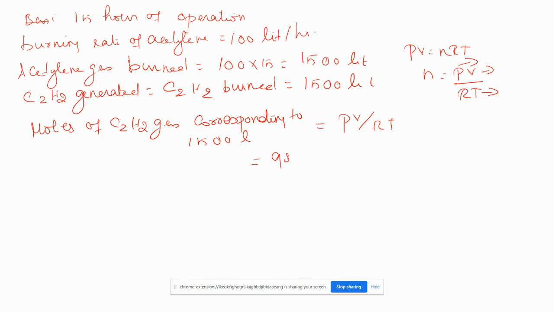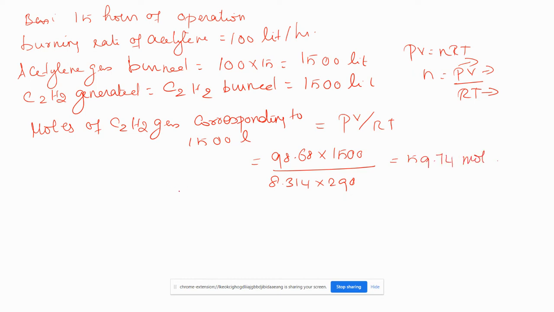Pressure is given as 98.68 and the volume is 1500, divided by R which is 8.314 and the temperature is 298. So you will get the answer as 59.74 moles.